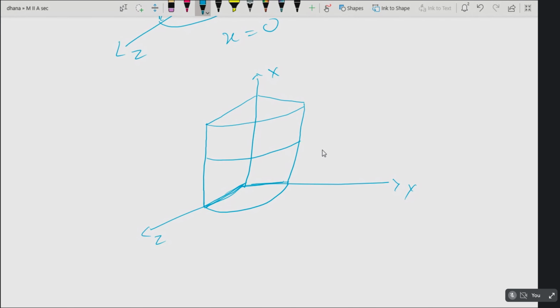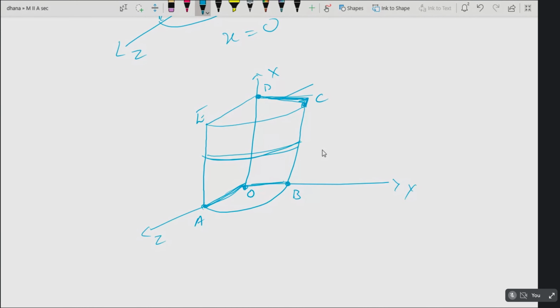Now let me give names to these points. Let this be O. Let this point be A. Let this point be B. Let this point be C. This point be D. This point be E. And this part is the curved surface.